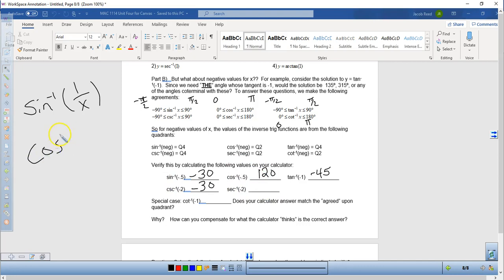It's going to be cosine inverse of 1 over x, which is going to pop out 120 degrees. Cotangent of -1 is going to be tangent inverse of 1 over x, as long as we're following the pattern that we've been using. But that says -45 degrees.